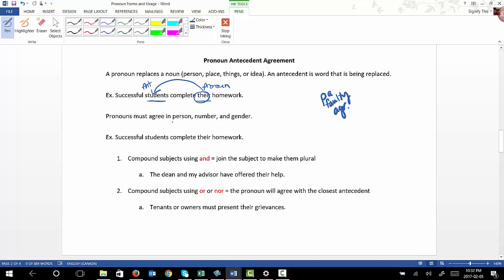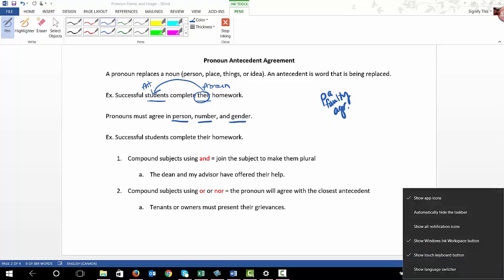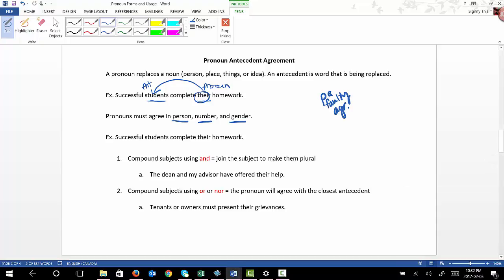Pronouns must agree in person, number, and gender. So, for example, the same example I had up there: successful students complete their homework.